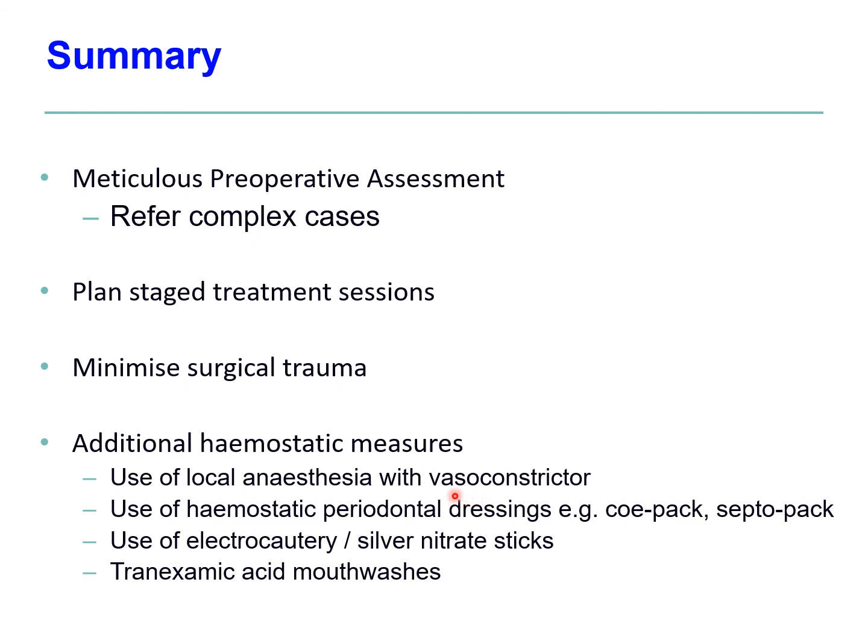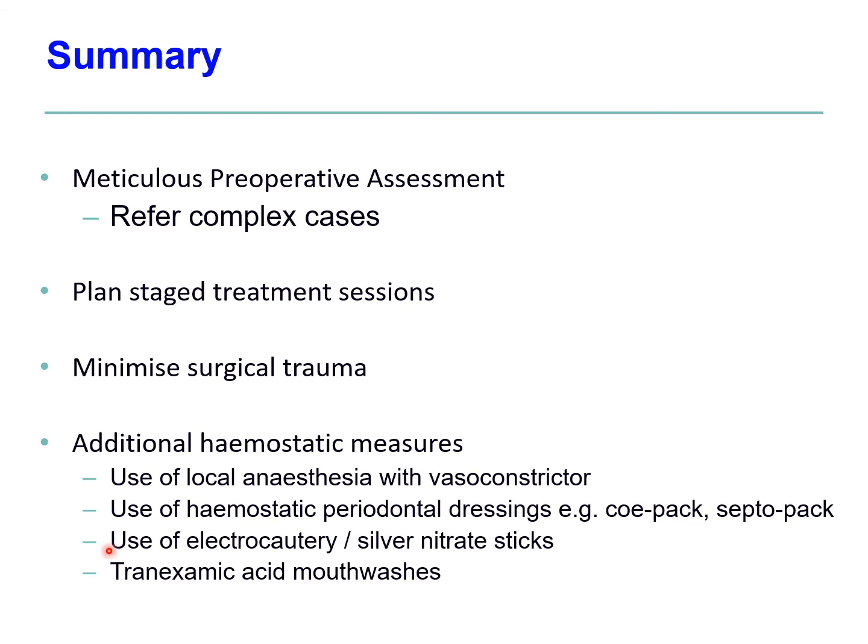Obviously, that can be a lot more uncomfortable for the patient, so make sure you've anesthetized the area appropriately before you do your transseptal injections, and that would have a significant impact on reduction of bleeding. Use of hemostatic periodontal dressings is another option, and we'll discuss these in the next slide. Also, use of electrocautery or silver nitrate sticks to minimize bleeding from the gingival soft tissues is an option.